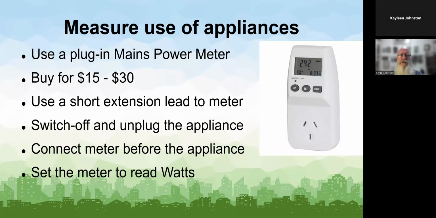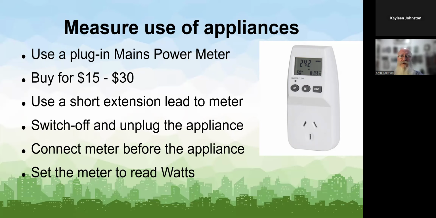The idea is you use a short extension lead to the meter and you switch off your appliance, unplug it, and then plug it into the meter and then connect the meter back into the wall socket. The reason why I use an extension lead is so you can read it. Otherwise, the meter is down at the power socket, and it could be quite difficult to get to.